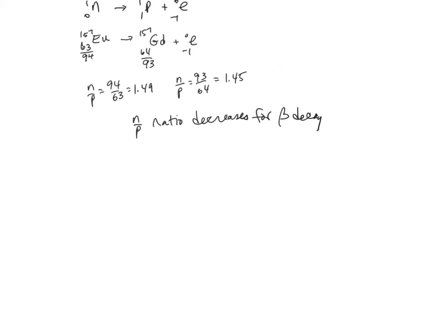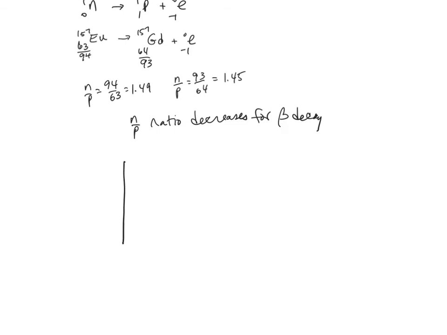Now, if you looked at those numbers on a graph, let's see, we have 63 and 64, 93 and 94, and the europium is 63, 94, gadolinium is 64, 93.